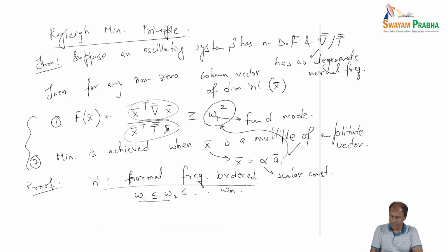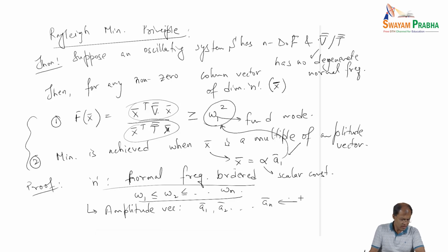We have n normal frequencies which are ordered, and then we have the corresponding amplitude vectors a1, a2, ..., an. So assume these are all normalized. Normalized means that they all have norm 1, right?